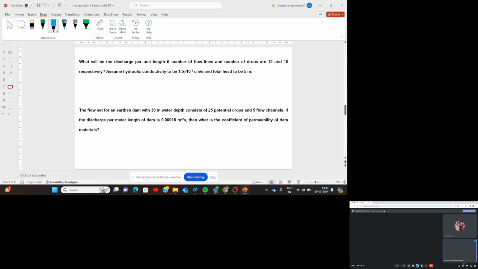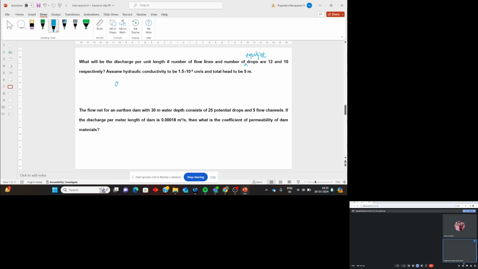Yes, it is always equipotential drops. Nine into 10 to the power of minus 4 centimeter per second.